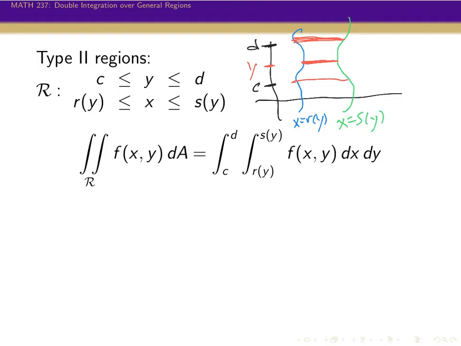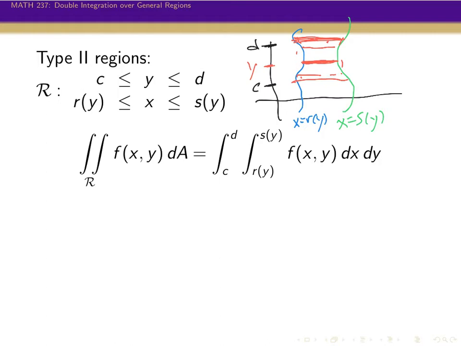And if you try and do vertical lines here, you can't necessarily get from one side to the other without going in and out of the region. Whereas all of the horizontal lines here, any way you go across, they will stay in the region the whole time. And these horizontal lines will cover up the entire region.